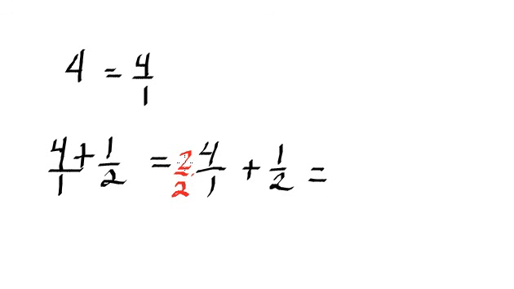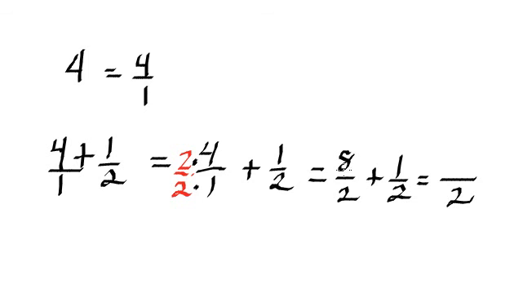So we now have 2 times 4, which is 8, over 2 times 1, which is 2, plus a half. Okay, we have a common denominator, and the common denominator is 2, and then we can add the numerators, 8 plus 1, which becomes 9. So this is an improper fraction, but that's okay.